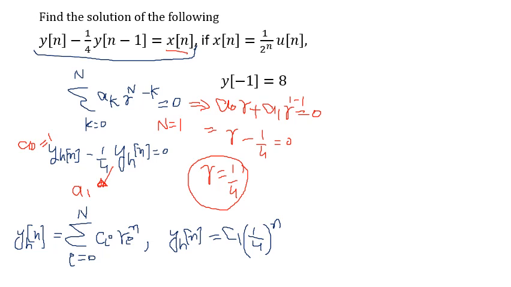In the particular solution, we assume that the output is of the same type as the input. So the input is 1 by 2 power n u of n, so it will be something like, let it be represented by y of p, and we say y of p equals c times 1 by 2 power n, u of n, with a constant c.